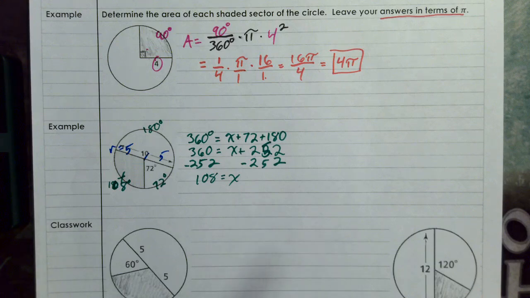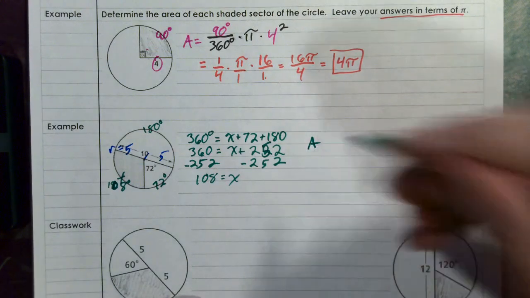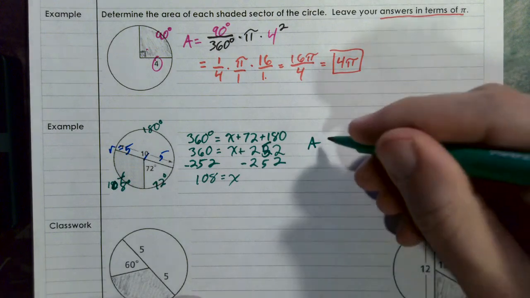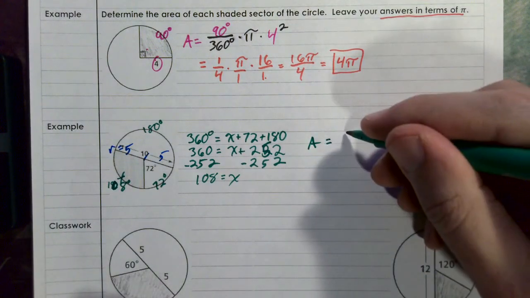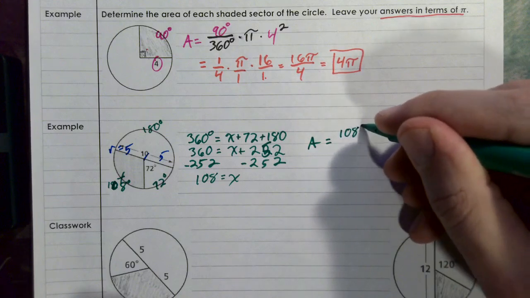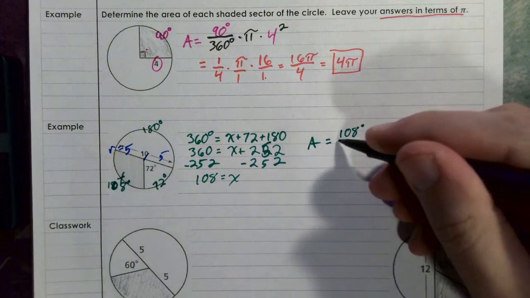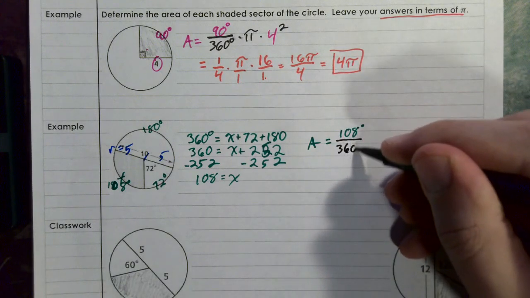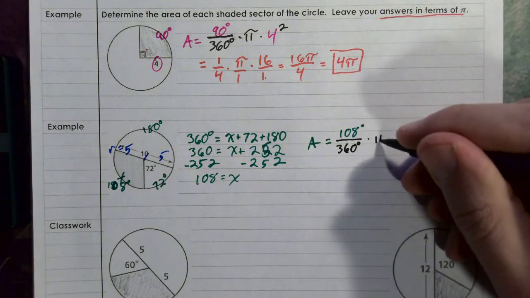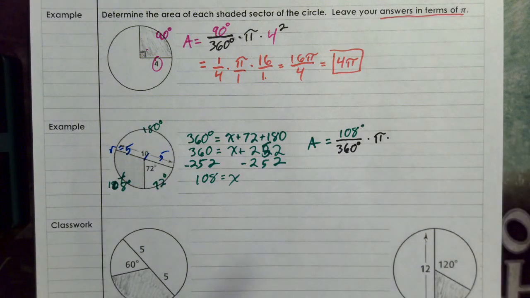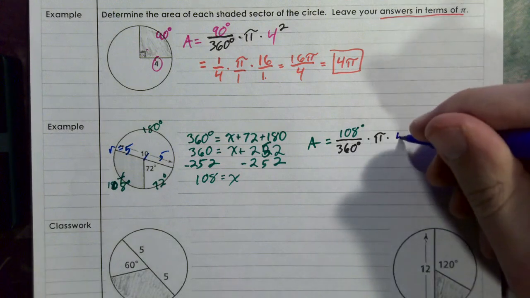So now we just need to plug it into our formula. The area of that sector is going to equal the arc that we found, so 108, divided by 360, times pi times our radius squared, which we said was 5.